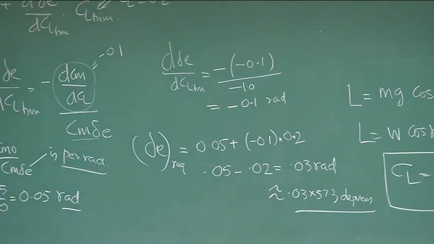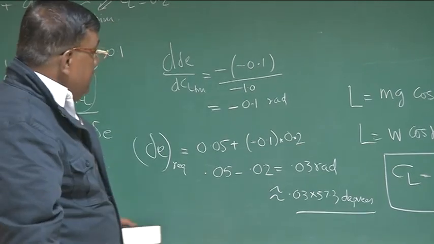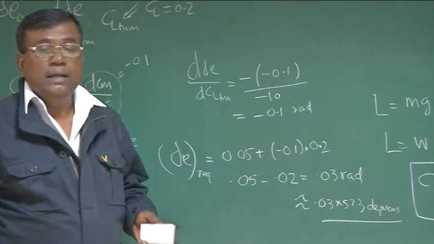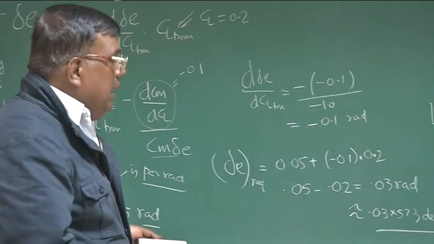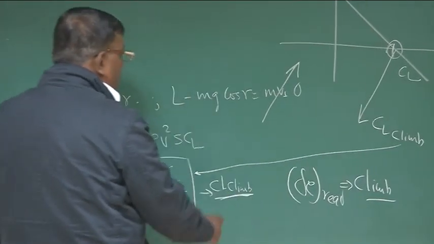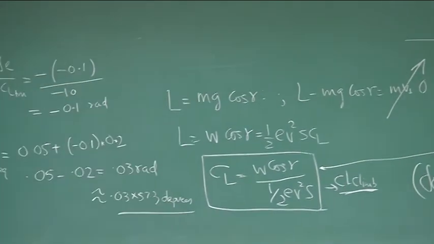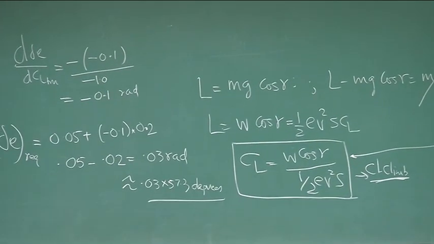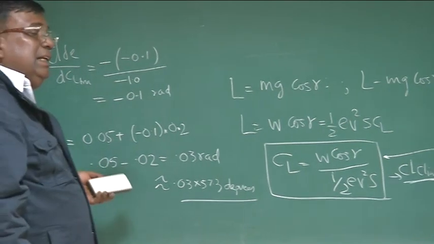So that much elevator deflection is required to trim the airplane during climb, climbing with CL equal to 0.2, correct?